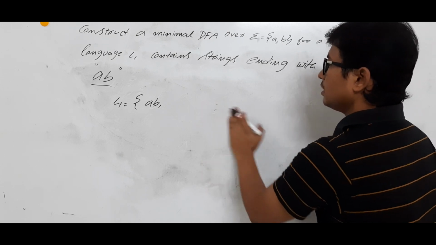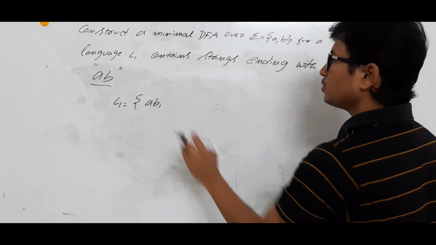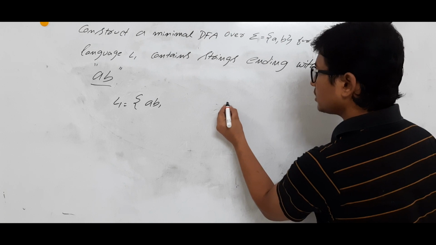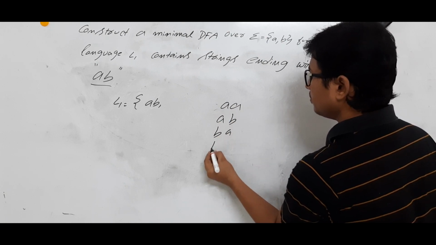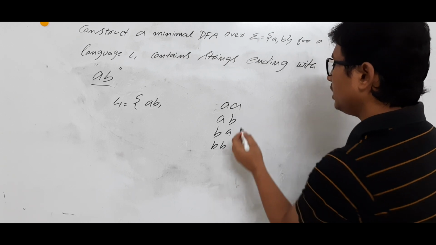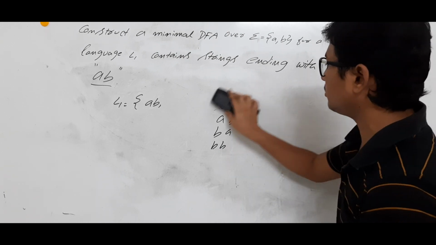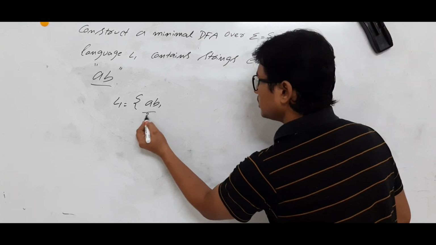Length 0 and length 1 are not possible. Length 2: only AB is allowed. Of the length 2 strings, AA, AB, BA, BB, only AB is ending with AB, the rest are not. Now we will see length 3.